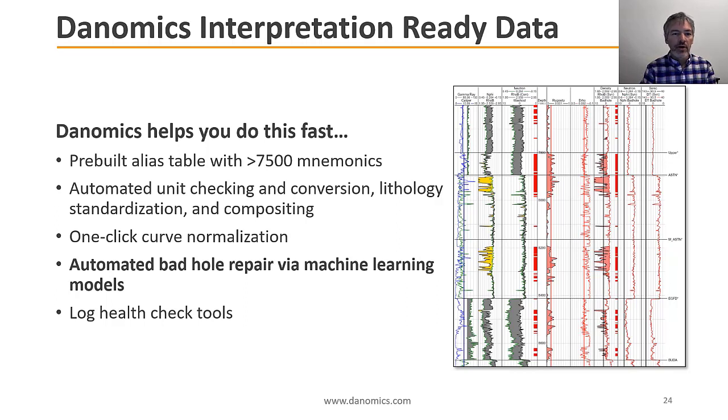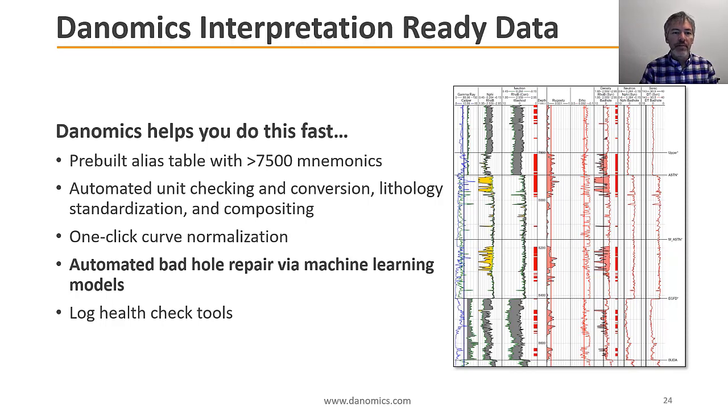We do lithology standardization and curve compositing and splicing, all in the background, all automatically, so you don't have to deal with that. We've also added one-click curve normalization, so you can rapidly do that, as well as pre-built maps for QC, as well as pre-built cross-sections for QCing your normalization.